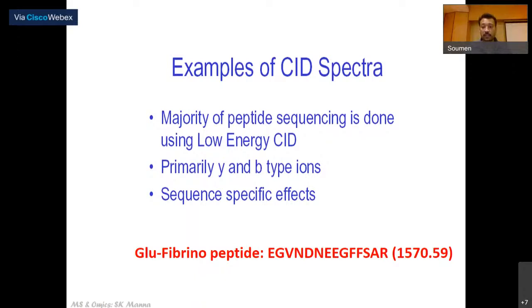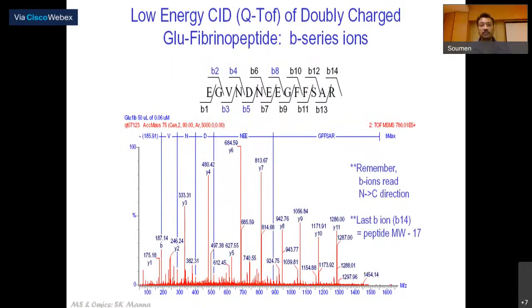So for example, if we take this glycoalbumin peptide, this is the sequence here, and a low energy Q-TOF fragmentation of a doubly charged species will look like this. You can do this exercise for yourself. It would be fun, but it will take a long time before I take you through the sequencing of each of these.